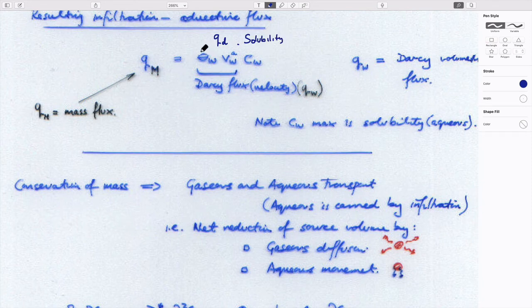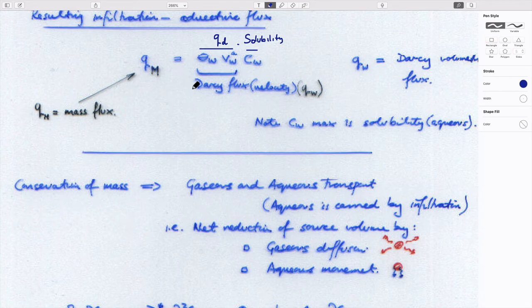And so in terms of the parts below, this is the Darcy flux, and this is the effective solubility. The Darcy flux is just the advective flux multiplied by the cross-sectional area of flow by definition. So this is the same advective flux that we had before, and this is the volumetric moisture content.